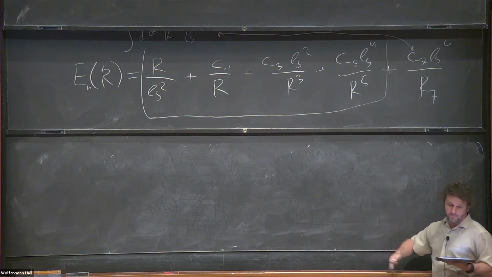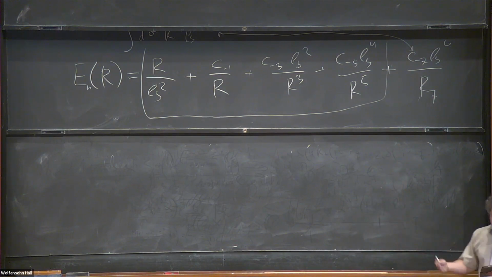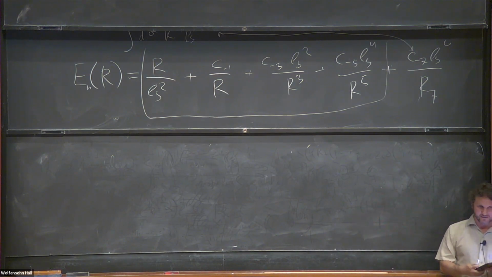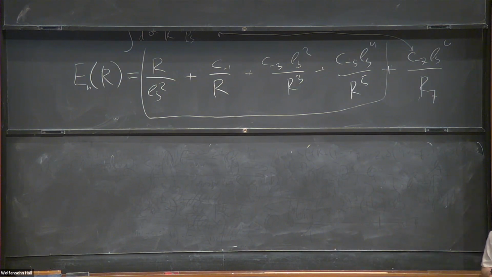However, it works way worse for excited states. Actually, for the range of string lengths R which are observed on the lattice, it doesn't work at all. Essentially, I'll show you the plots, but it works very poorly for excited states.